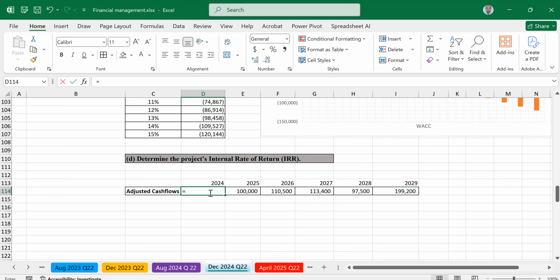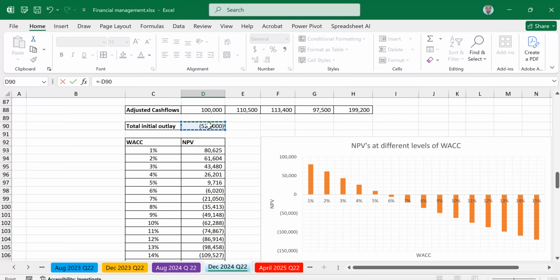The outflow is 520. So that's what I need for this.